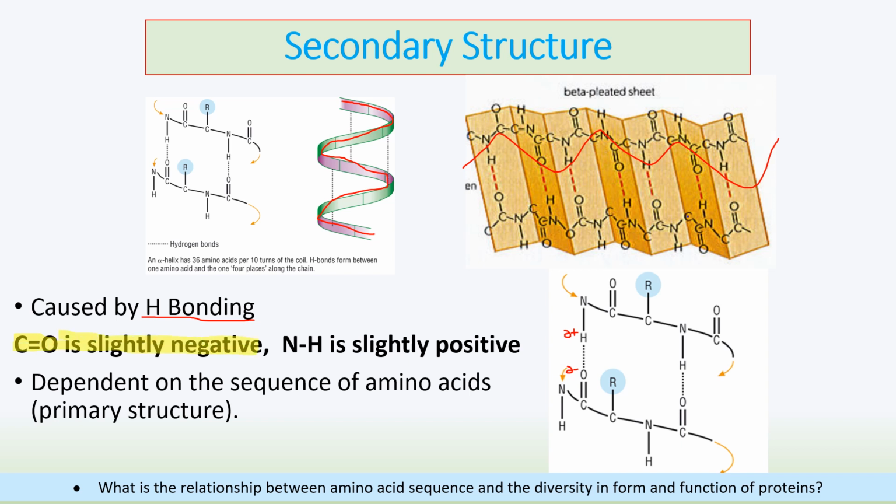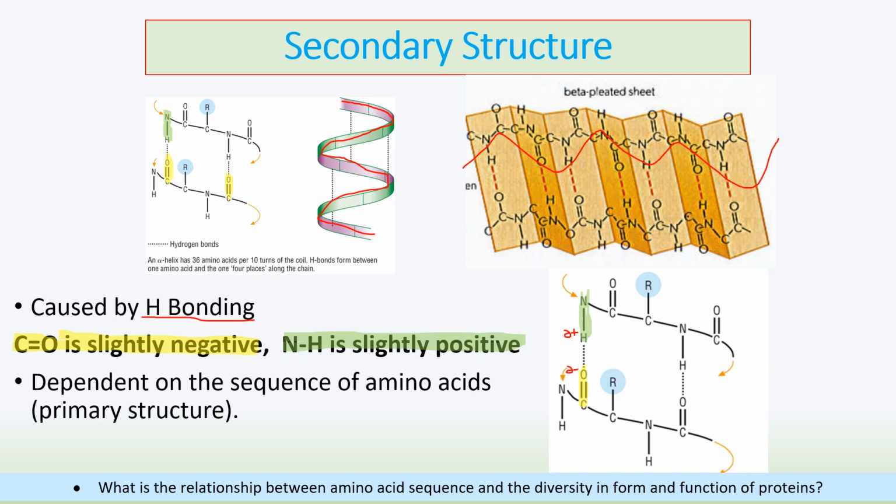So what we're saying here is this bit, which I'm highlighting on that one there, is slightly negative, and down here on the beta pleated sheet is that one there. Okay, so the C double bond O is slightly negative. The N to H bit then is slightly positive, and therefore we get this delta positive, delta negative, and as a result you get these hydrogen bonds forming between the two.